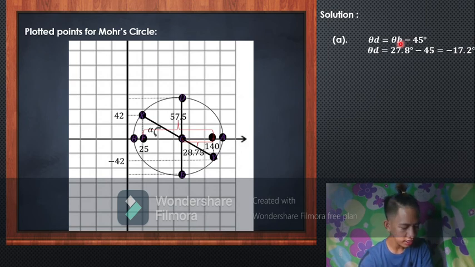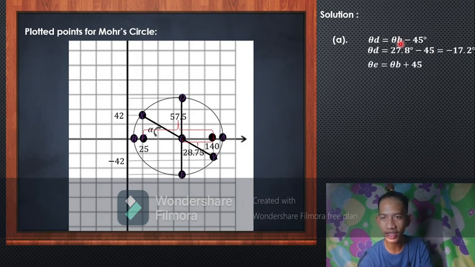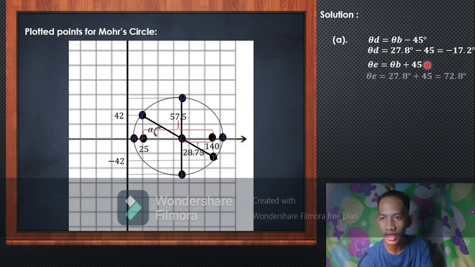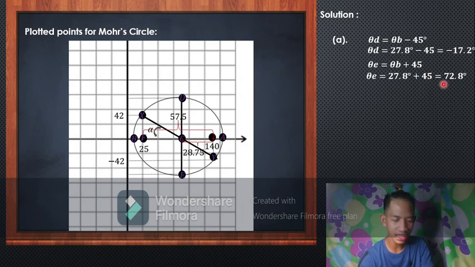That is the first orientation of the plane of shearing stress. The second one is theta E is equal to theta B plus 45 degrees. By inputting the theta B value and adding 45 degrees, we get 72.8 degrees. That is the orientation of the planes of maximum in-plane shearing stress, negative 17.2 and 72.8.